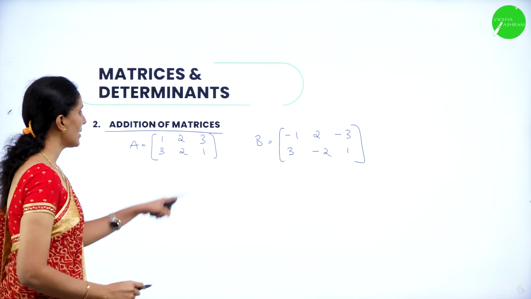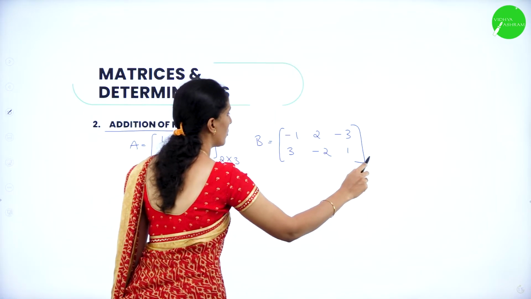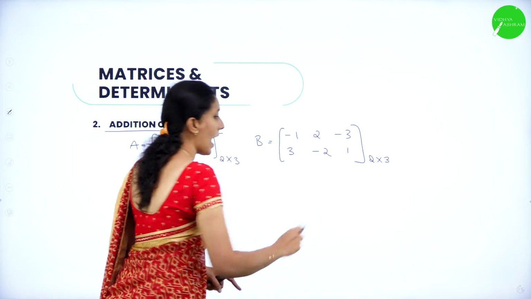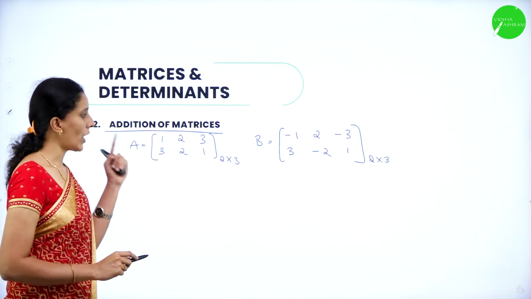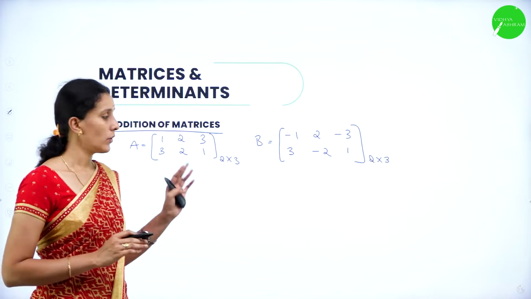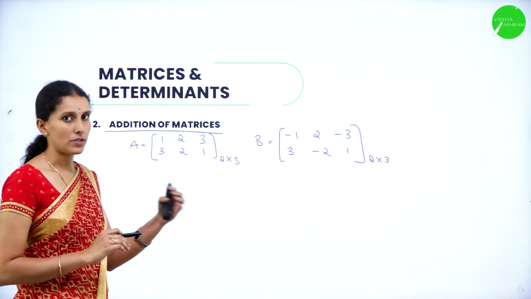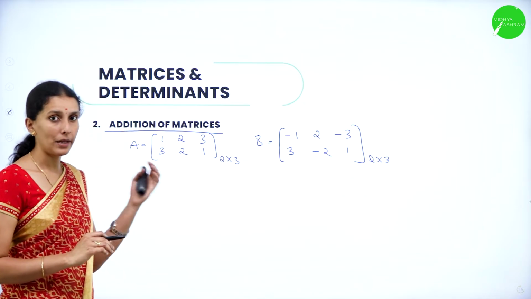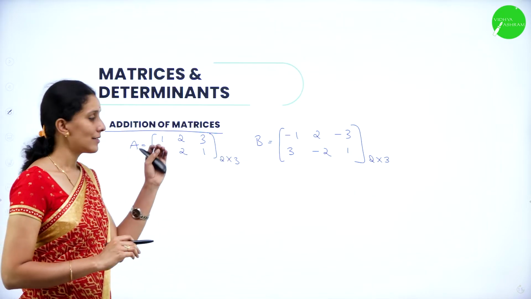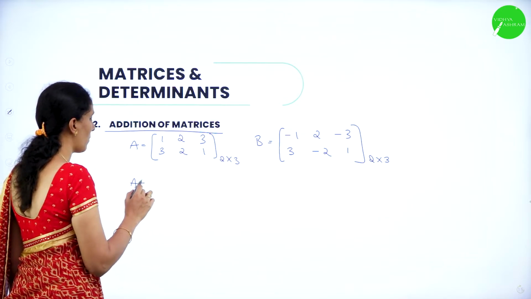Clearly you can see this is a matrix of order 2 cross 3 and this is also a matrix of order 2 cross 3. As I said previously, to add any two matrices, the order of the matrices must be the same. So here they are the same. Then only we can add the corresponding elements, first to first, second to second, like that. So let me add A plus B now.